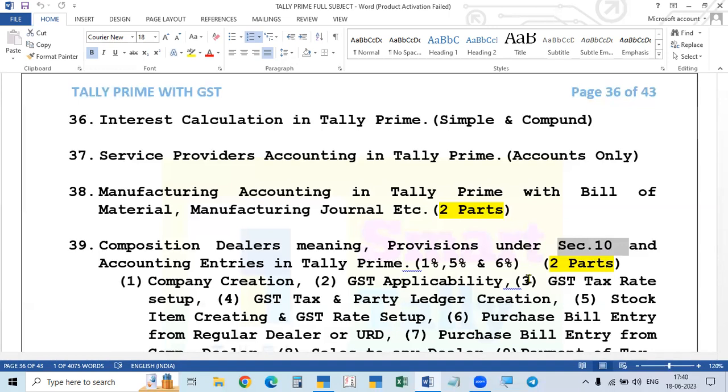For the whole year, the total summary, you have to file the annual return, which is called GSTR 4. April 30 is the last date for filing the annual return GSTR 4.